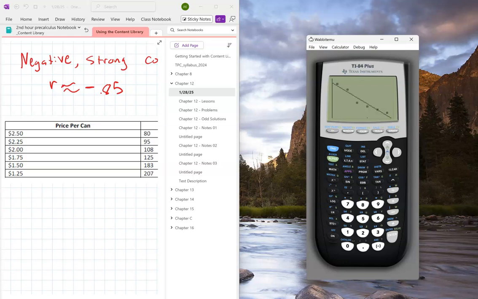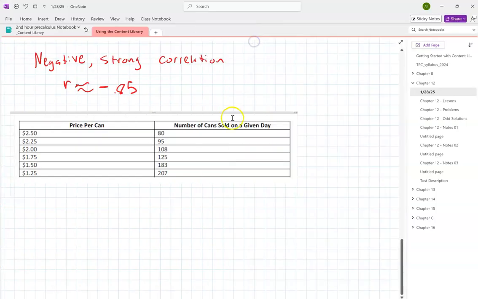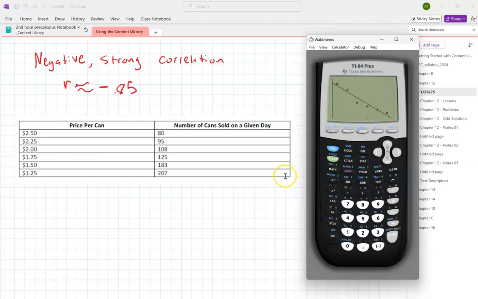Now you might ask, why would I want to do something like this? Well, this is actually one of the most practically important things in mathematics that we get a chance to do. What we've essentially done here is we've created a model based on the data for this situation.